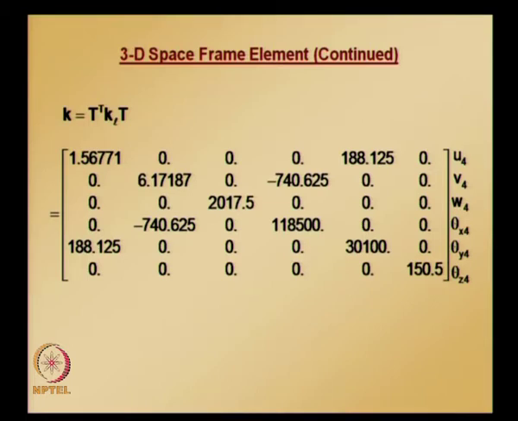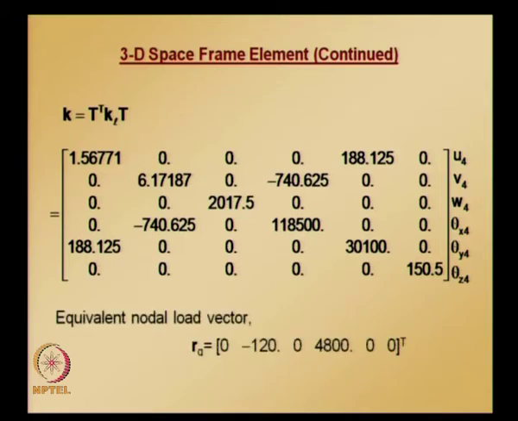This load vector in the local coordinate system can be converted into the load vector in the global coordinate system using the transformation method. So, RQ in the global coordinate system is given by this one.